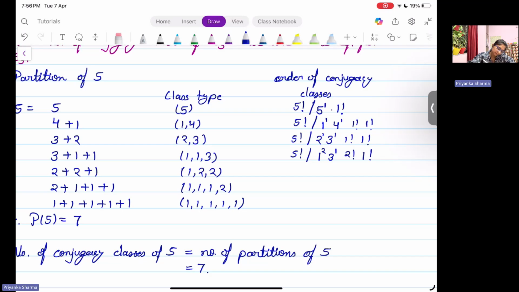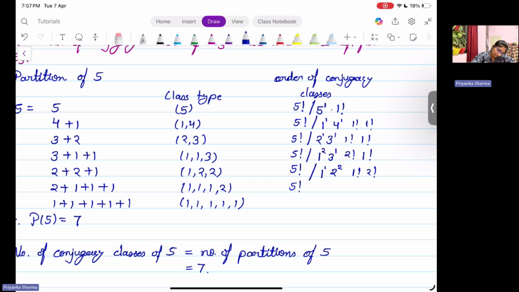So factorial of this. Here we will write 5 factorial divided by 1 which is coming 1 time, and 2 which is coming 2 times, so 2 to the power 2. Now factorial of these powers, so this is factorial 1, factorial 2.